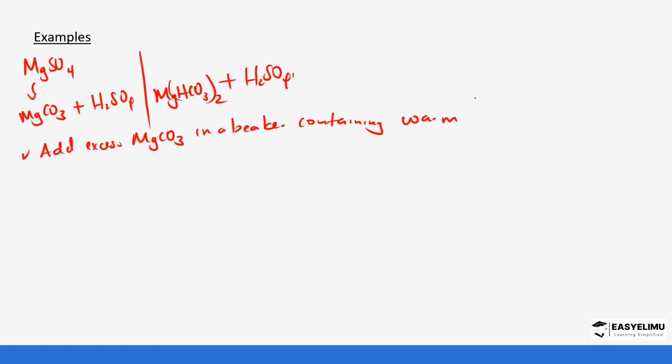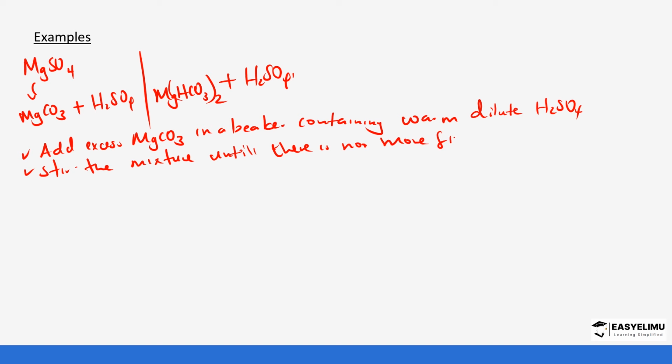We use warm because it allows the reaction to proceed quickly. Then you stir the mixture until there is no more fizzing.